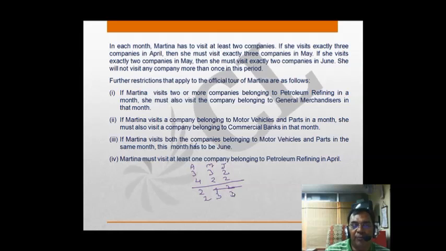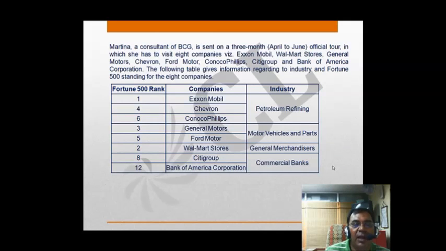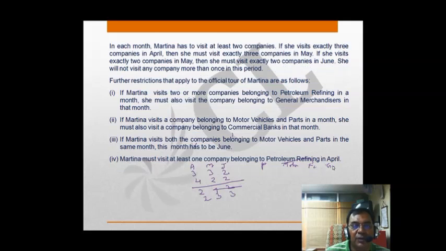So I'll start making petrol refinery again. I'll write, because others I'll forget. I generally write petrol, motors, finance, and general, just so that I remember what was there. Exxon, Chevron, ConocoPhillips.